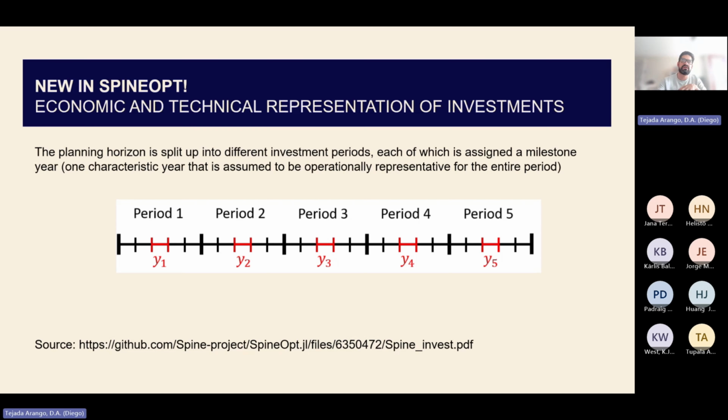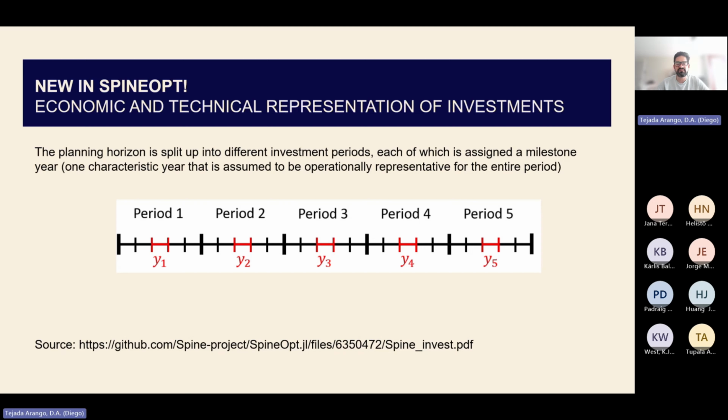So we took that as a starting point in the Mopo project to continue developing that feature. So there is the link. Later we share the slides, so you can go and see all the details. But basically, what it means is that, of course, you have different periods. Do you want to invest?